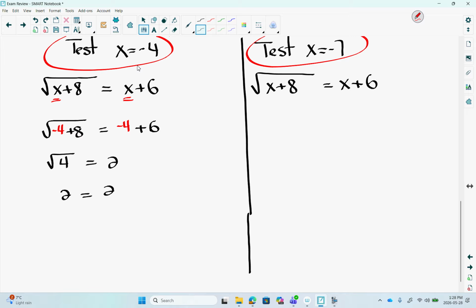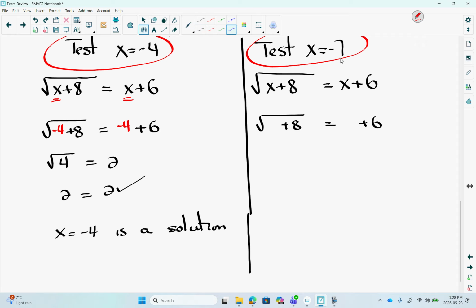So what would that say about x equals -4? It is a solution or it is not? It is a solution because the left and right-hand side are equal. What am I going to do in this situation? I'm going to fill a -7 in for the x's.